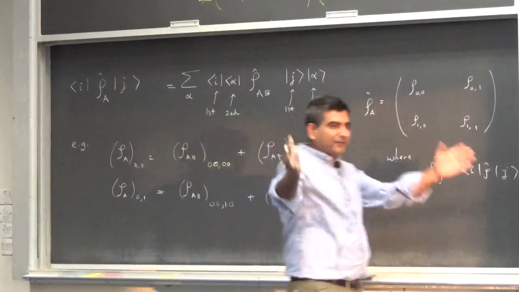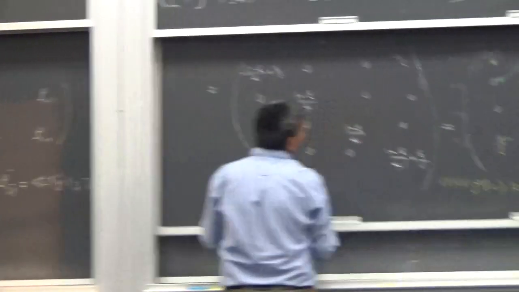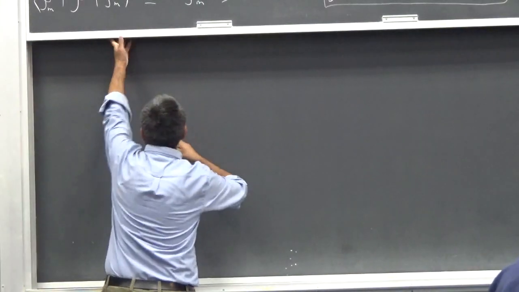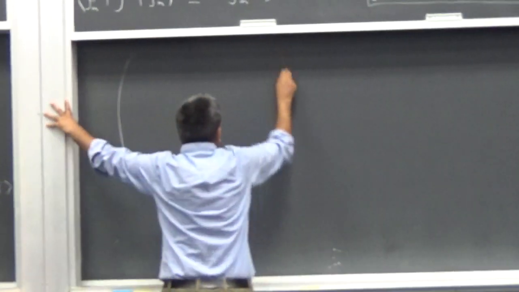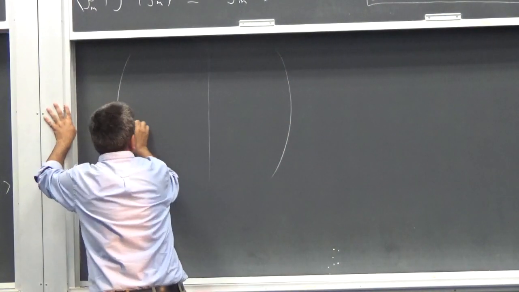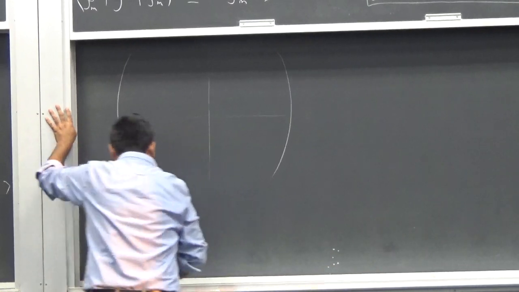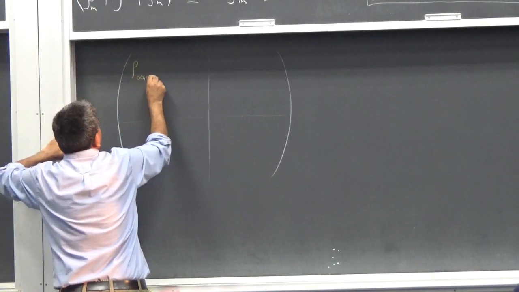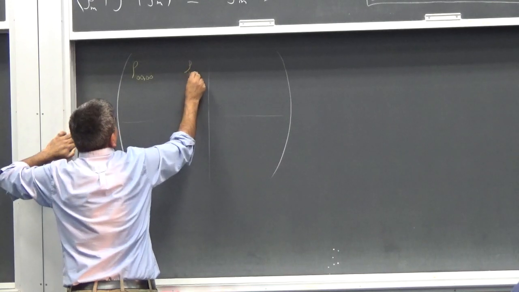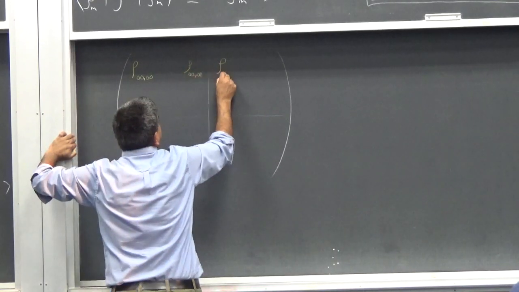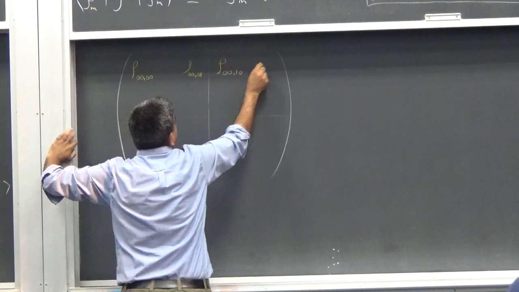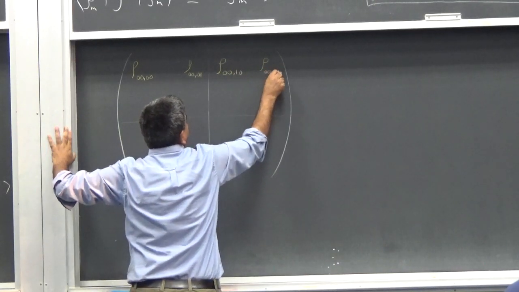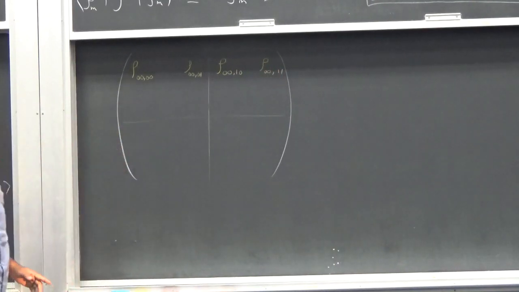If I were to write the big row AB first, let's write the big row AB. Row 0, 0, 0, 0, row 0, 0, 0, 1, row 0, 0, 1, 0, row 0, 0, 1, 1. This is the first row.